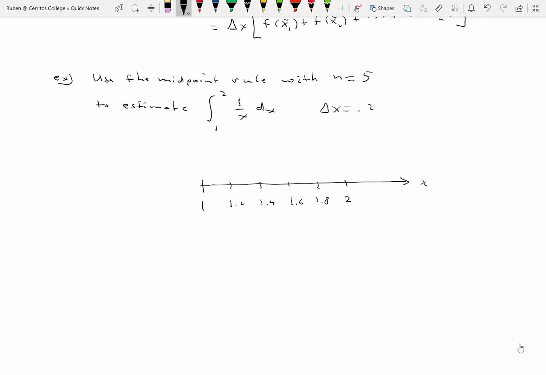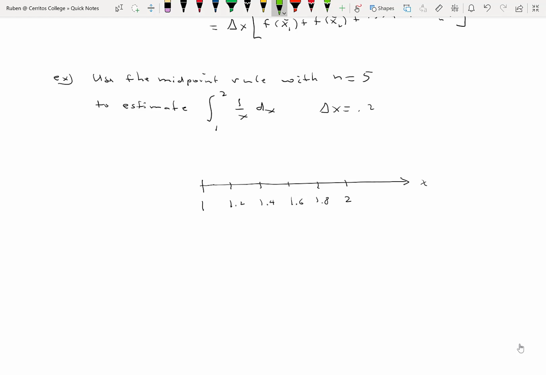Now I gave you a formula for the midpoint, but I think it's really easy to just use a little common sense to get the midpoints. What's the midpoint between 1 and 1.2?